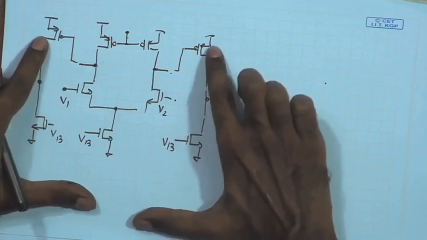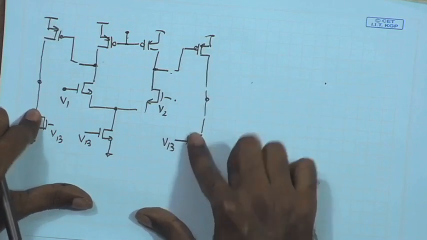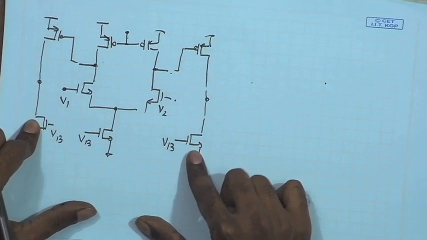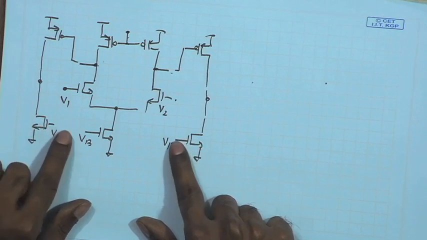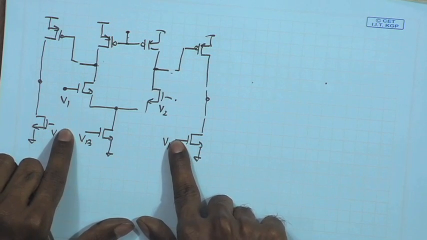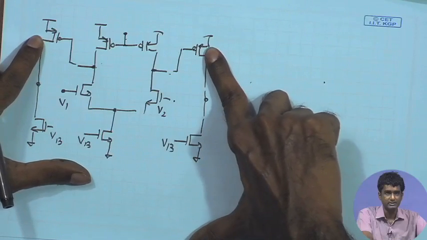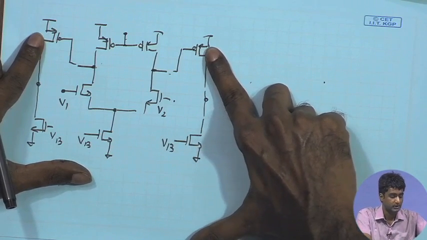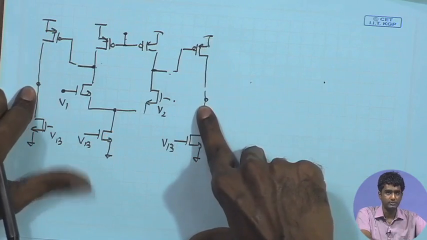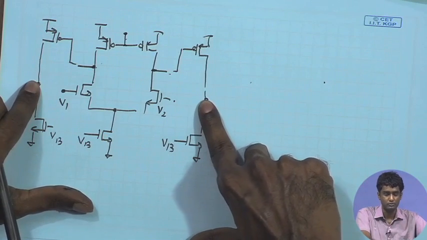After that, you have just another common source stage. These 2 transistors are providing another common source stage where the 2 bottom transistors are active load. They are biased with a fixed DC potential, providing active load, and these 2 are the input devices of the common source transistors. Therefore, this stage is also going to provide a similar gain factor Gm RO by 2.